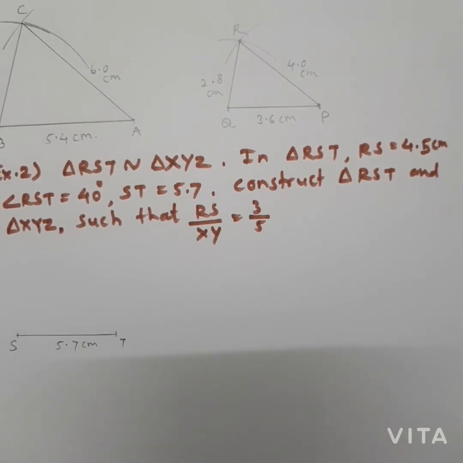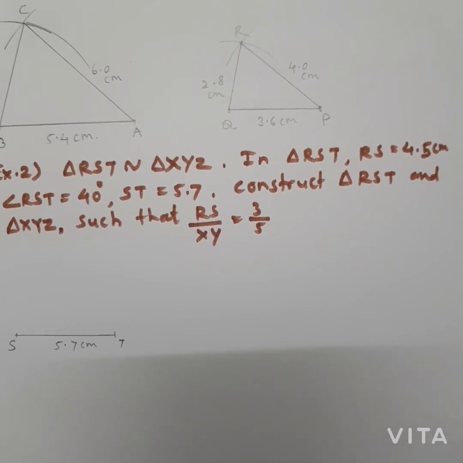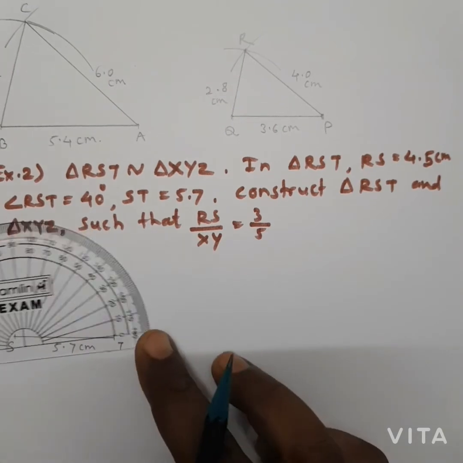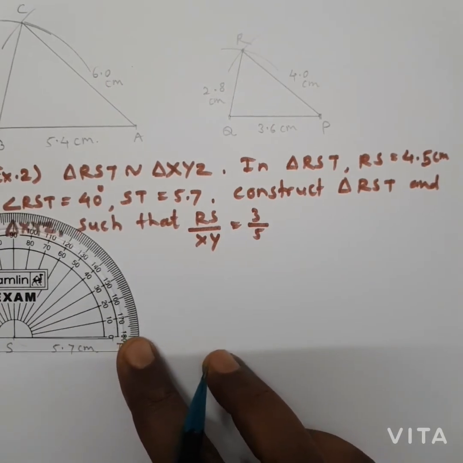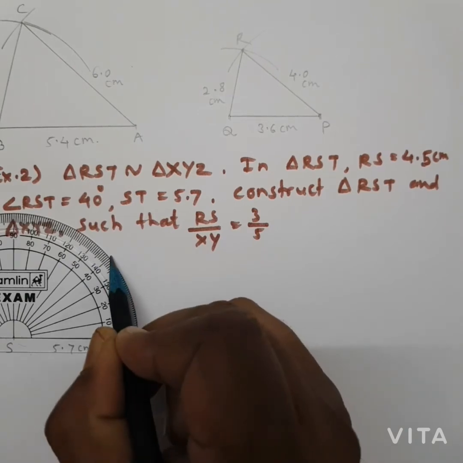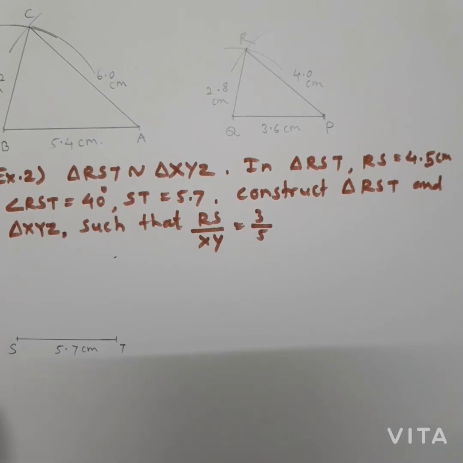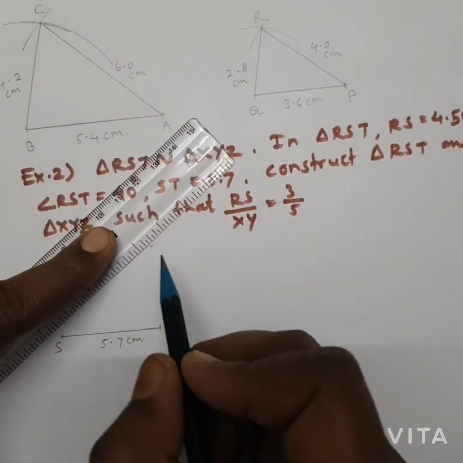We can take angle RST as random, or if we use a protractor, then we can also draw a 40 degree angle. It means we have to draw a ray through this point and point S.